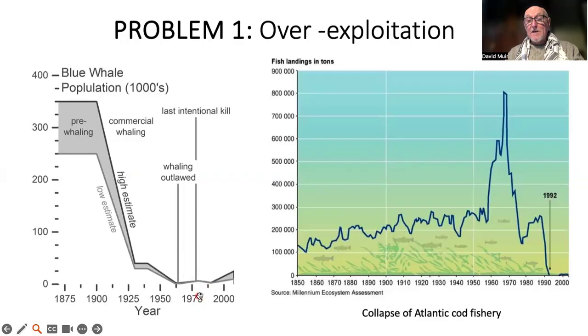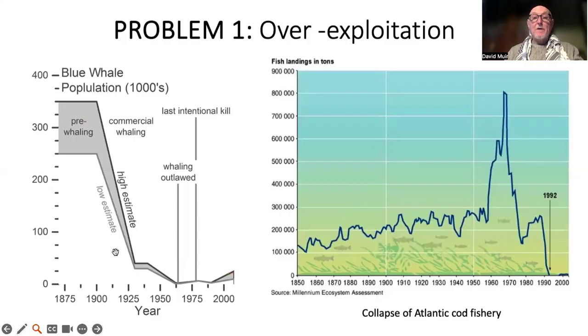The last intentional kill was in 1978, something like that. Then a globally enforced total ban was placed, and you cannot sell blue whale meat, you cannot sell any product from blue whale. And the population has begun to recover now in the thousands of blue whales.